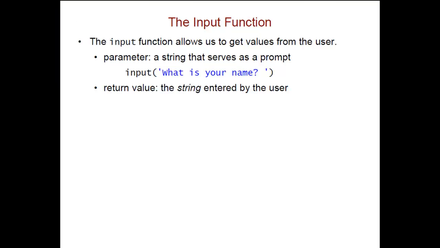The input function is a very important function that allows us to get values from the user that we can then operate on in the context of our program. And the parameter of this function is a string that is going to serve as a prompt, and so the user will be asked to enter something using that prompt. And then what gets returned is a string with whatever characters were entered by the user.